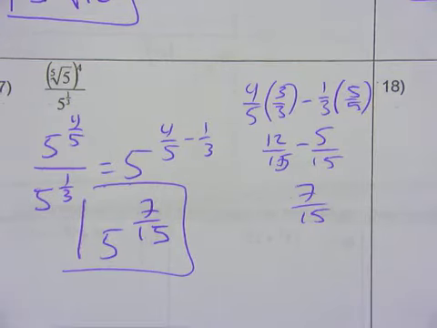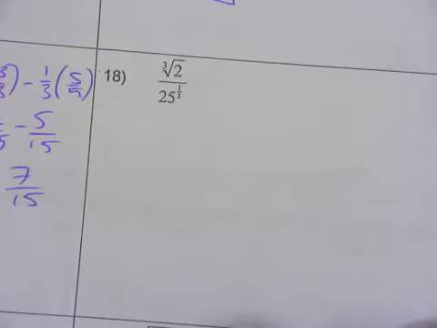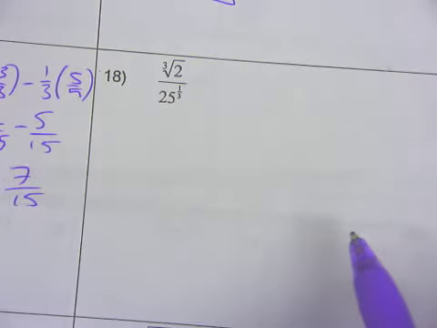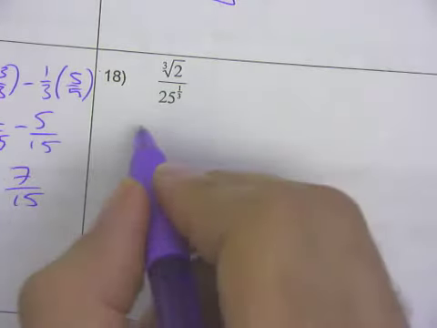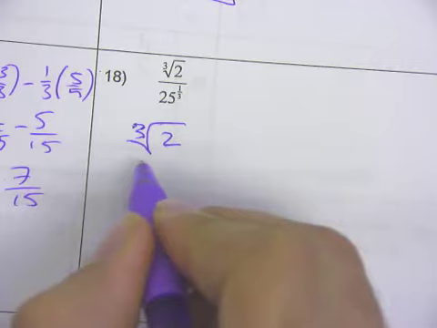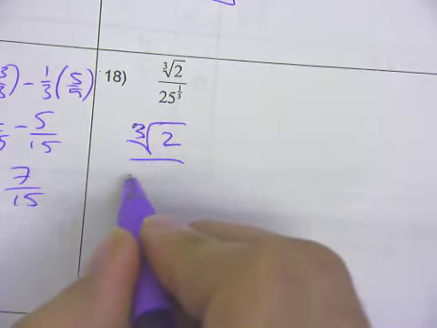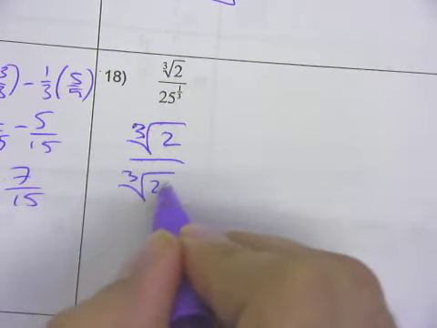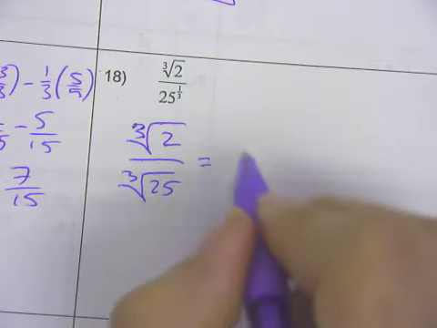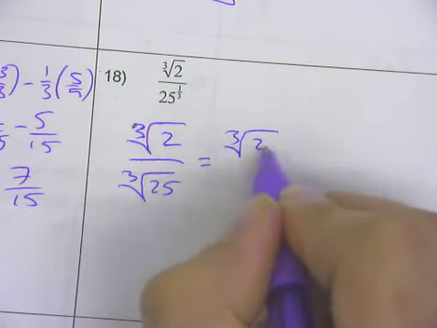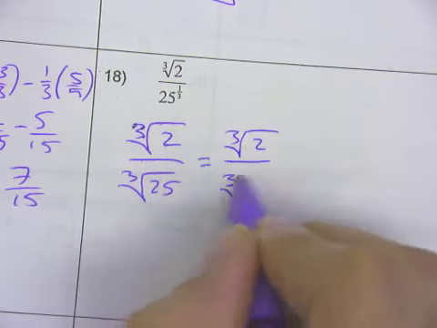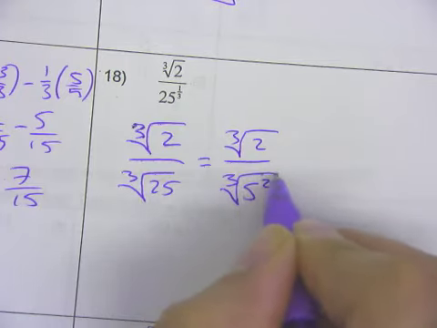All right, number 18. Actually, this one, how do I want to do this one? Well, I suppose I'm going to just go ahead and go down to radicals on this one. The third root of 2 and the third root of 25. We can recognize that the third root of 25 is the same thing as the third root of 5 squared.